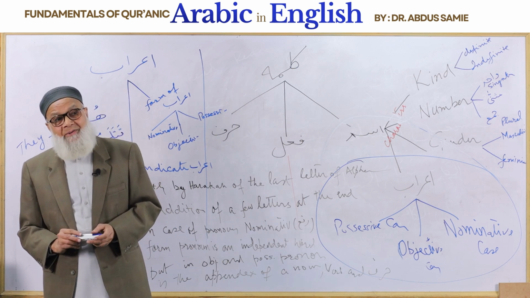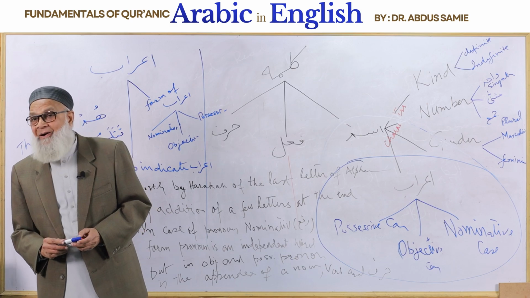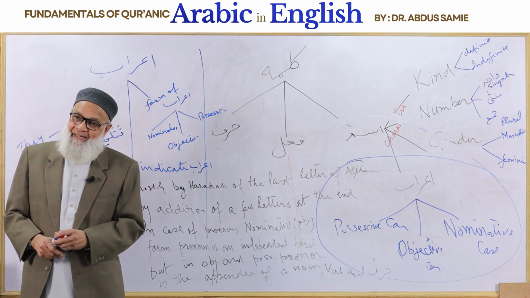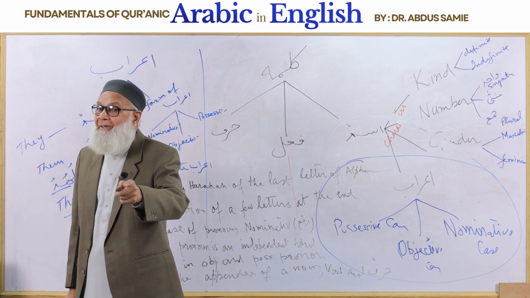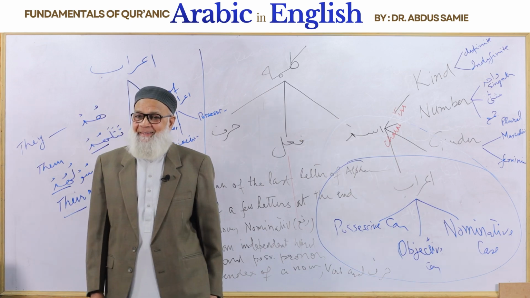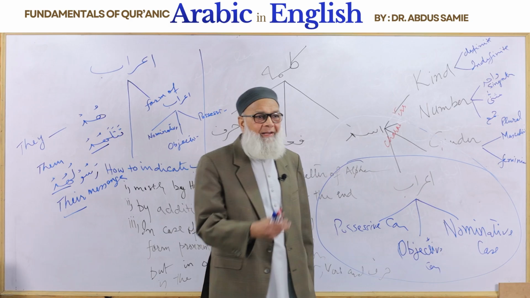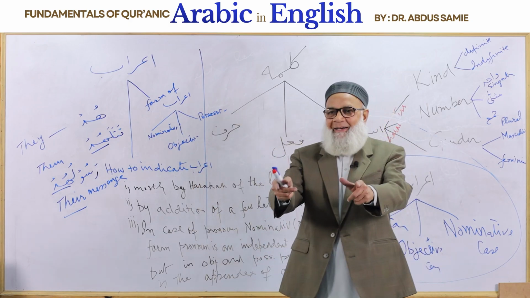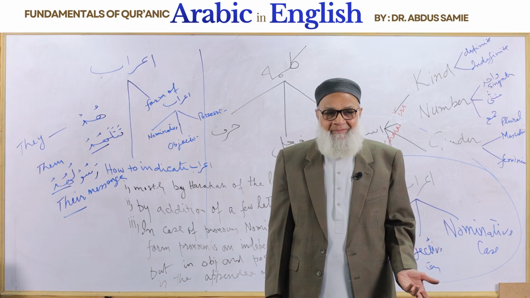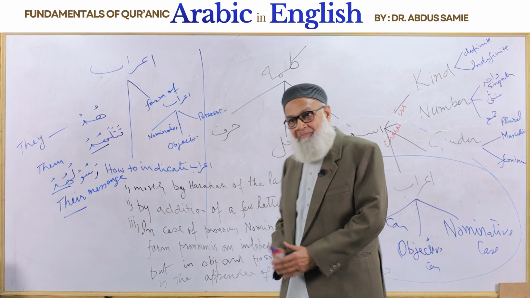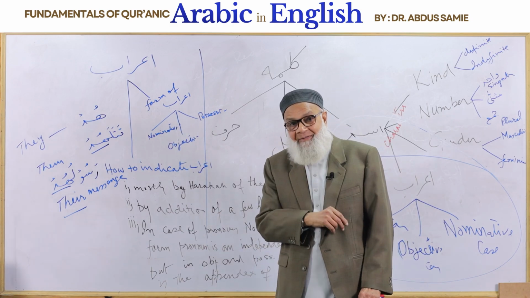How do you find out the i'rab of a noun? First you have to understand which category of noun it belongs to. Oh yes, it's a pronoun. Now you will find the other thing, whether it's attached or detached. If it is singular, you will find, oh, what is the harakat of the last letter?